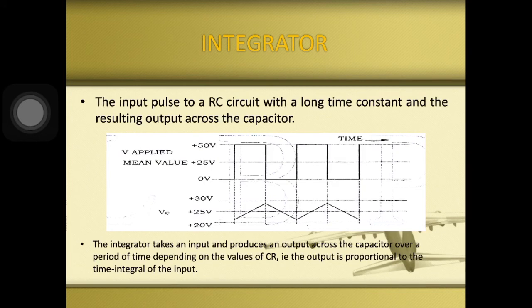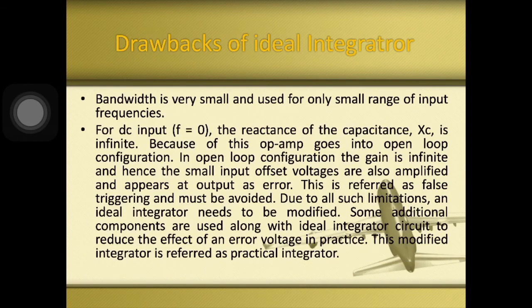In this graph, the input pulse to an RC circuit with a long time constant is shown, and the resulting output across the capacitor. Basically, the integrator takes the input and produces an output across the capacitor over a period of time, so the output is directly proportional to the time integral of the input.